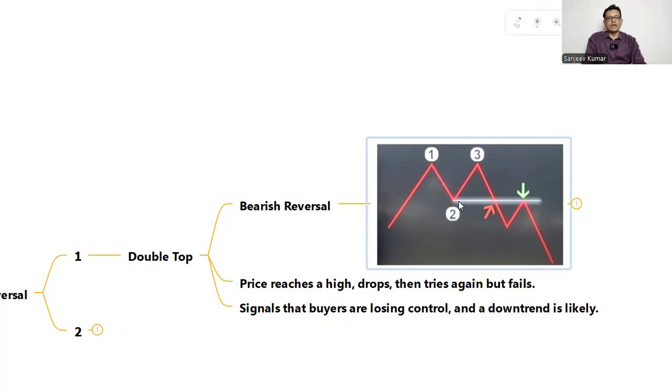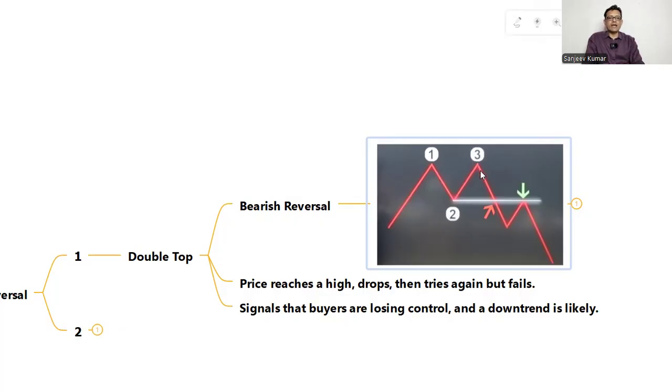From point 2, there is some support, and again someone is buying the share, and from here share started moving upside. But at point 3, approximately at point 1 level, there is resistance, so share again moves down, and it created a double top. First top is here and second top is here.